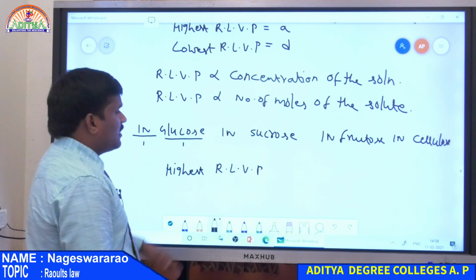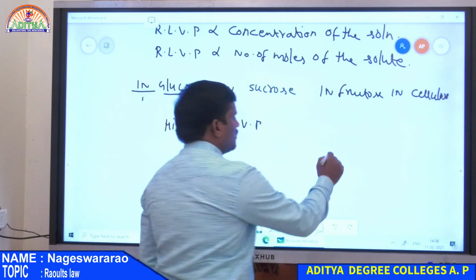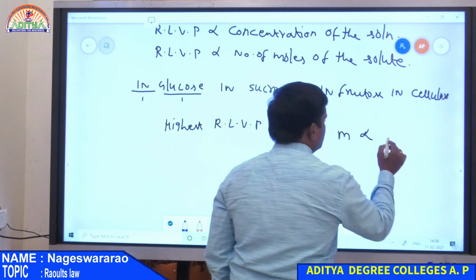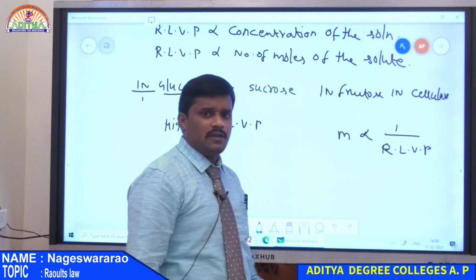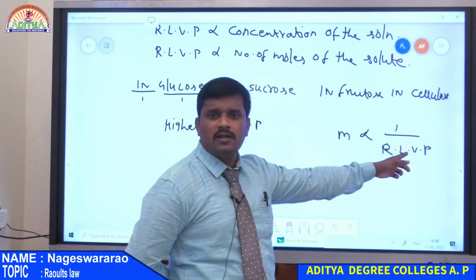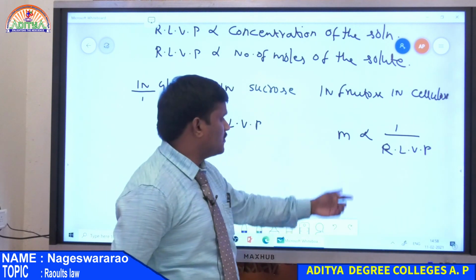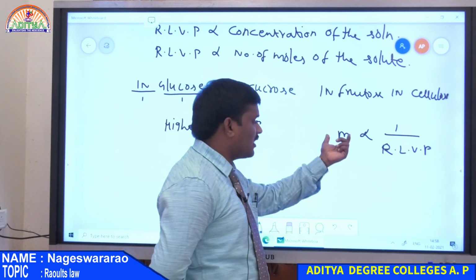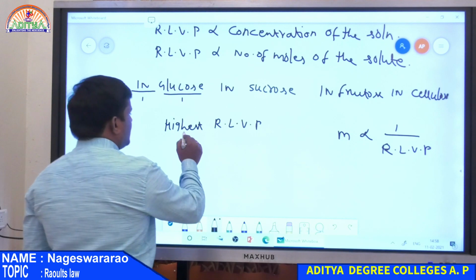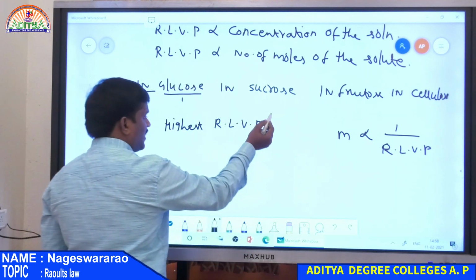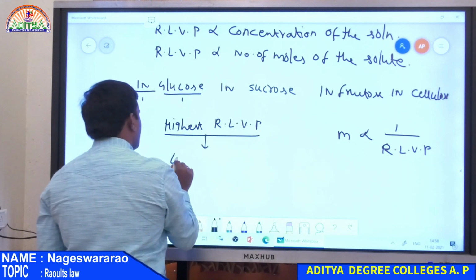According to the RLVP definition, the molecular weight of the solute is always inversely proportional to colligative properties, here RLVP. That means if a solution has the highest relative lowering of vapor pressure, it has the lowest molecular weight. If the solution has the highest molecular weight, it has the lowest RLVP. So in our question, the solution with the highest RLVP has the lowest molecular weight.